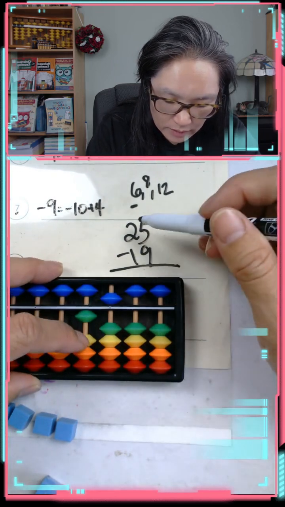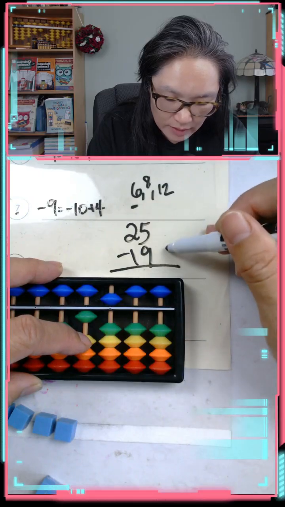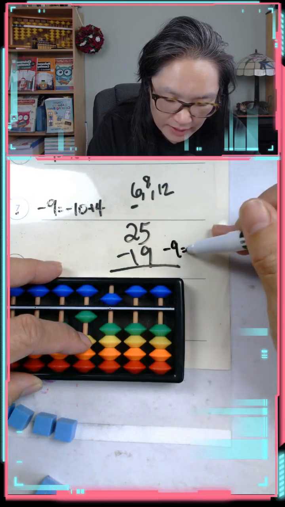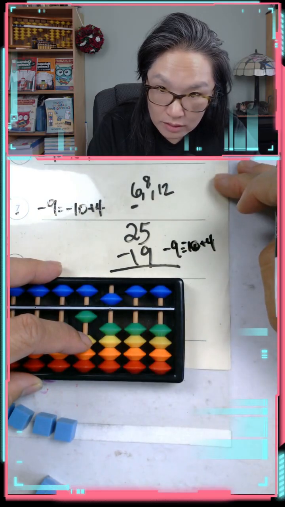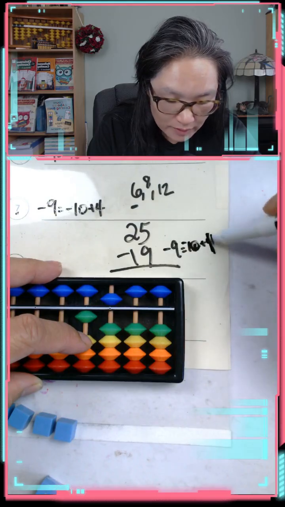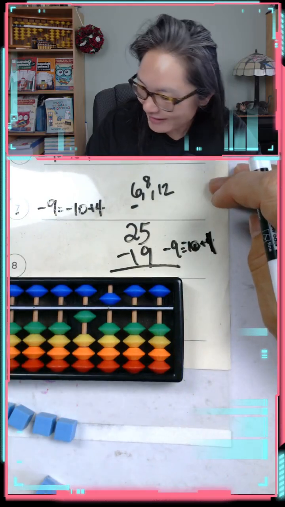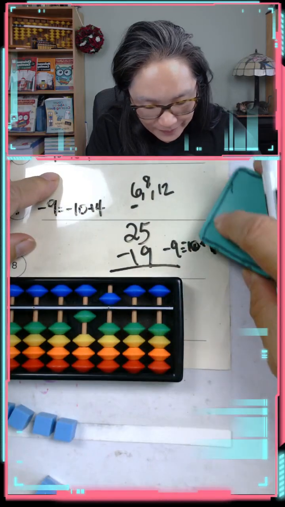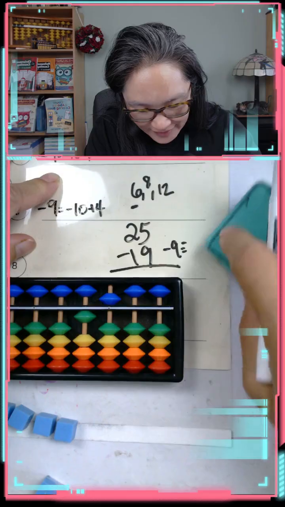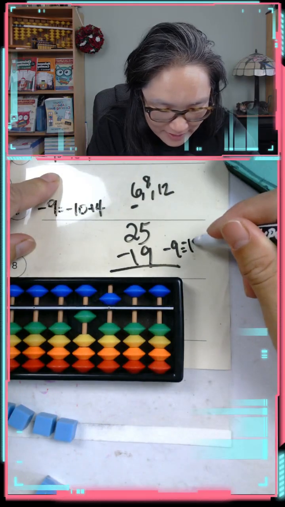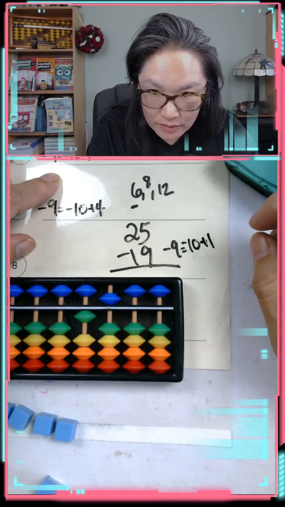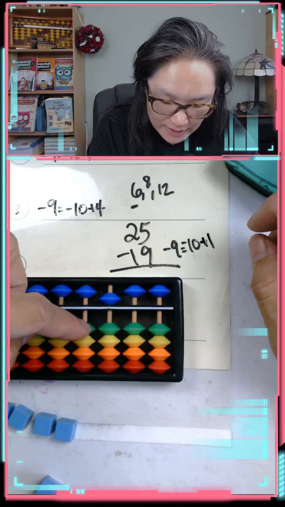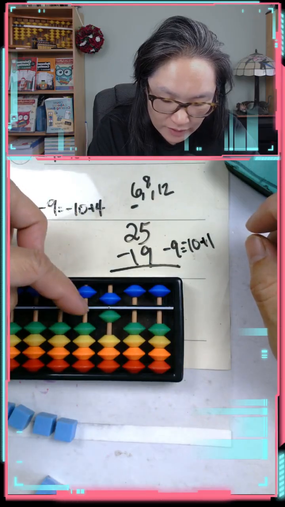Minus the 9 is minus the 10 plus the 1. Let me rewrite that, I got confused. Minus the 10 plus the 1. So then we do minus the 10 plus the 1. So my final answer is 16.